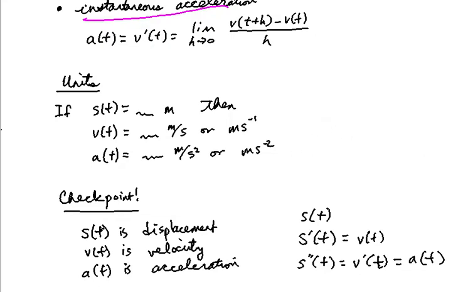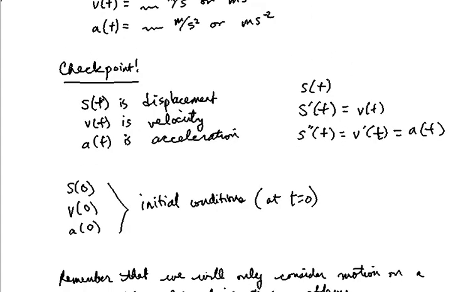So just to recap, this is a checkpoint. S of t is displacement, and s is a function of time. For these kinematics problems, we'll mostly be looking at my independent variable being time.